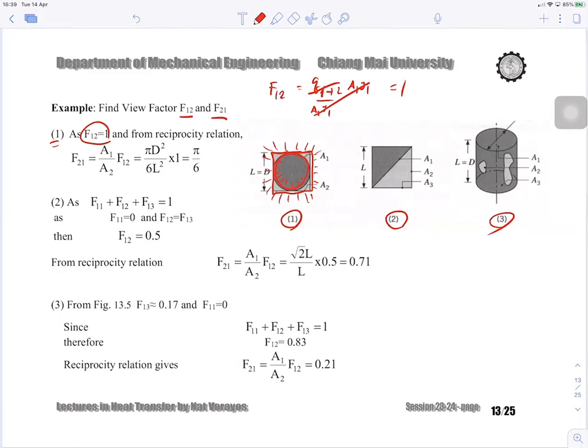All you have to do is find F21 by the reciprocity relation. A1 F12 is going to be equal to A2 F21. So you rearrange this equation. This is what you're going to have, right? And then you can find the area of A1. Area of A1 is pi d squared, right?